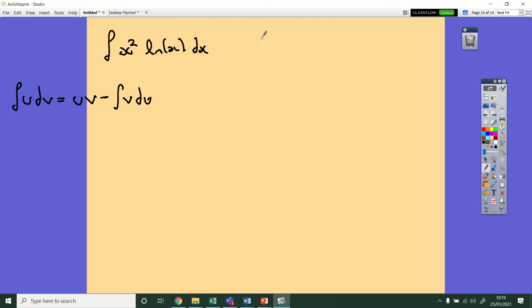So for this case, we're going to choose u to be our ln of x and our dv to be x squared. So ln of x, I'm going to write can't integrate. So we're forced to put it as our u this time. And that's always going to be the case with an ln of x. Now we can continue.